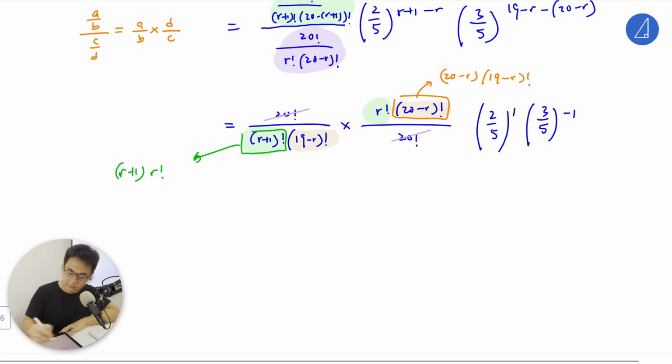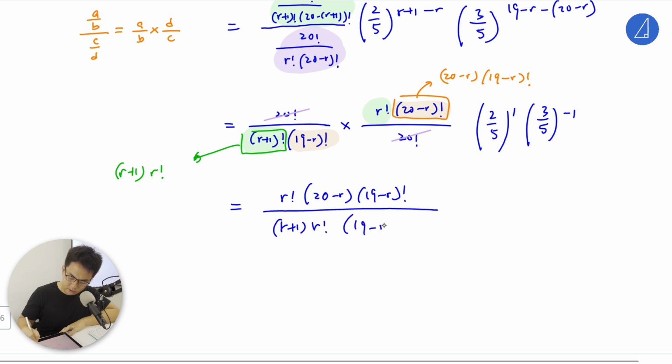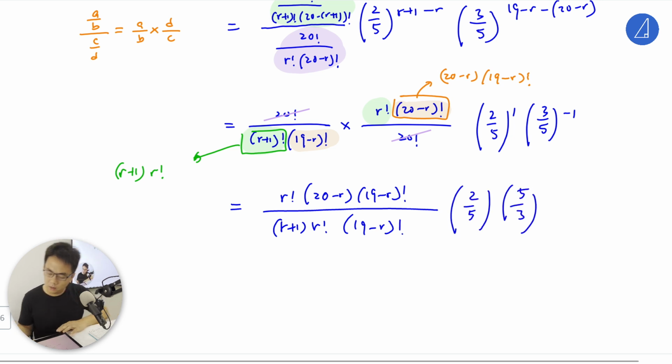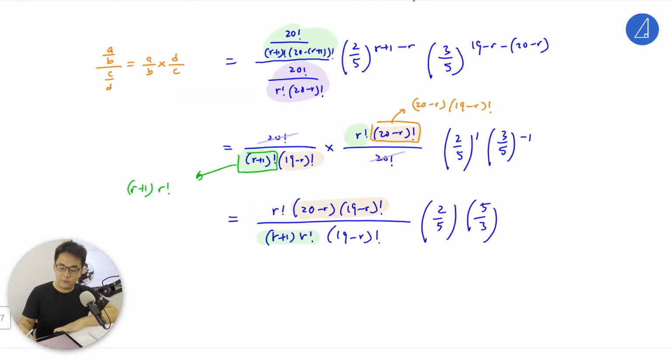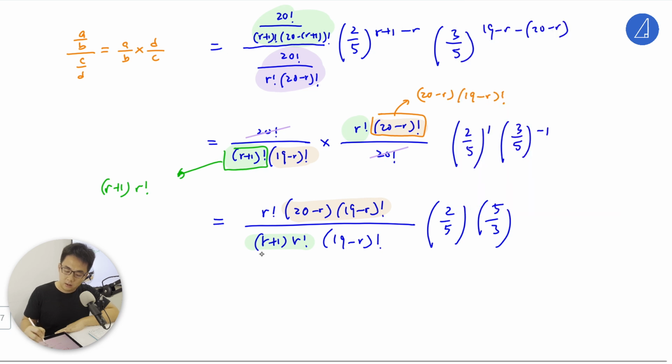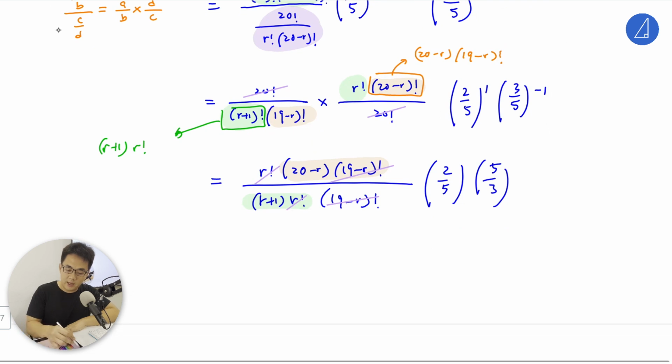If I rewrite everything, I'm doing it very slowly, I will get (r+1) r factorial, (19 minus r) factorial, 2/5, 5 over 3. Be mindful of how you expand. Then you just cancel. The r factorial cancels away, the (19 minus r) factorial cancels away, and this also cancels away. So you get the answer: 2(20 minus r) over 3(r+1).